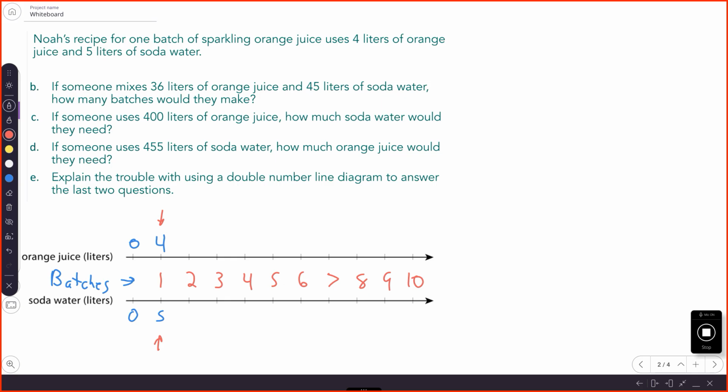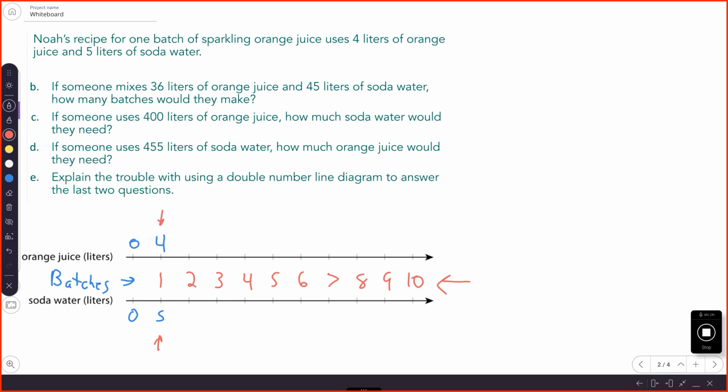It says, if someone mixes 36 liters of orange juice and 45 liters of soda water, how many batches would that make? So we're looking for one of these numbers here. If we're skip counting by 4 here, that means I need to go to 36.